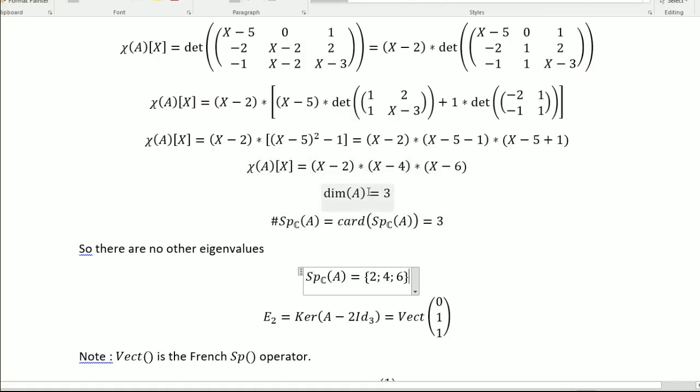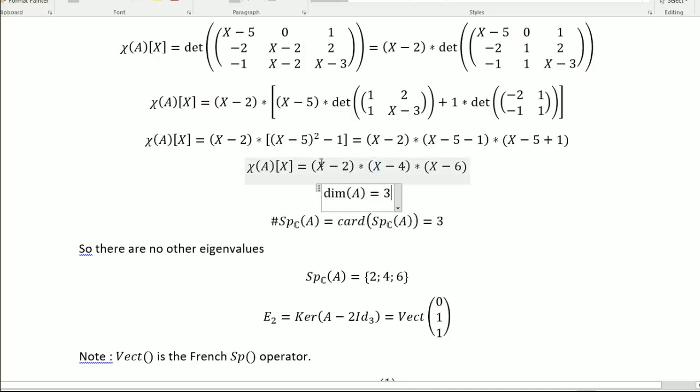You have to say that the dimension of A is equal to 3, because there exist other matrices where the eigenvalues will not appear, or will have a multiplicity order that is non-trivial. So here we say that the dimension of A is equal to 3.